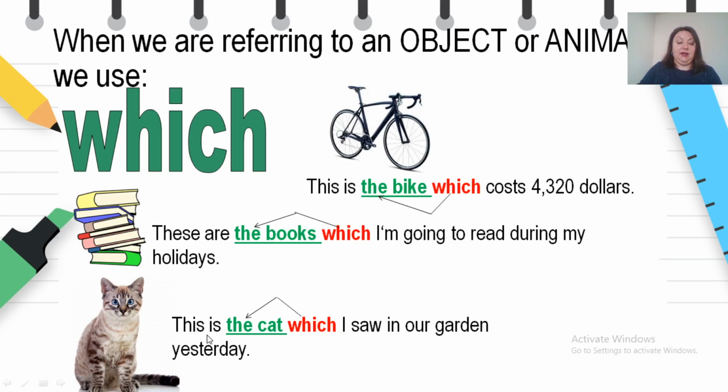And finally, this is the cat which I saw in our garden yesterday, which refers back to the noun the cat, which belongs to the category of animals. So, the relative pronoun which explains or gives additional information about objects or animals.